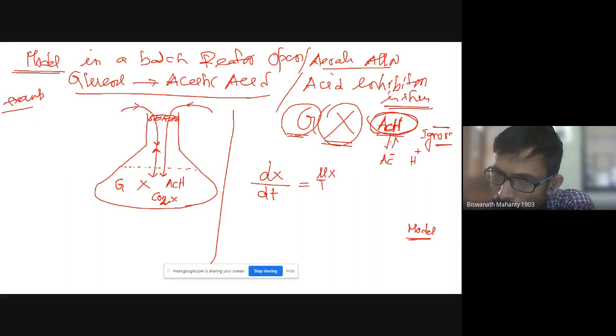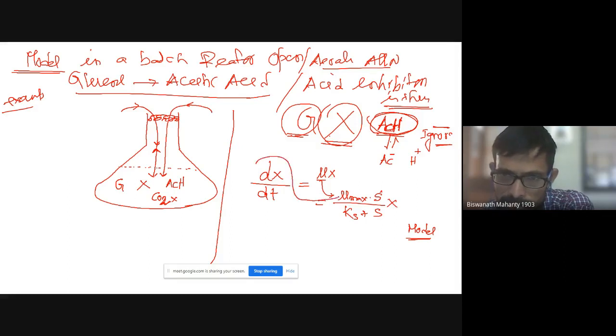And mu equals mu max into s over Ks plus s. Mu is Monod, and x is already there, so I'll write x. So I got a mathematical equation: dx/dt equals mu max s x over Ks plus s.